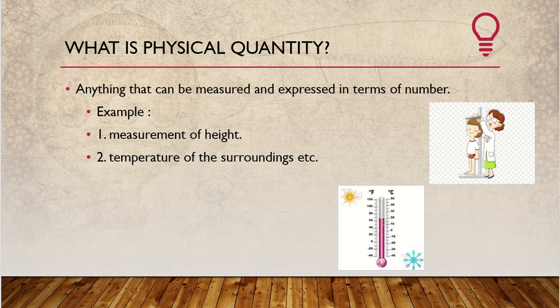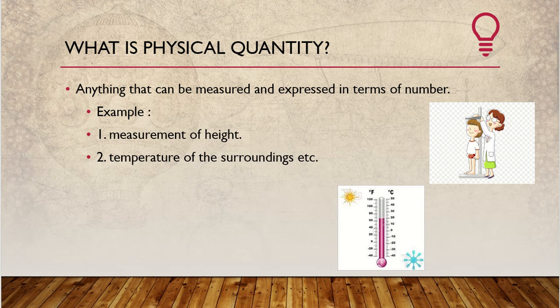The second example is the temperature of the surrounding. As you can see in the picture, you can measure the temperature of a laboratory or surrounding using a thermometer. This thermometer is called a laboratory thermometer. In this thermometer, you can see the values.